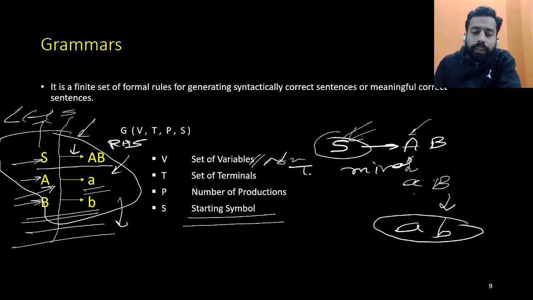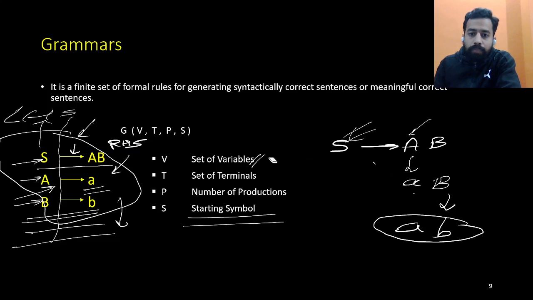Let me write it as NT, non-terminal. So by using this starting symbol, I have produced one sentence, or you can call it a string, AB. So this is how we can generate sentences from a given grammar.